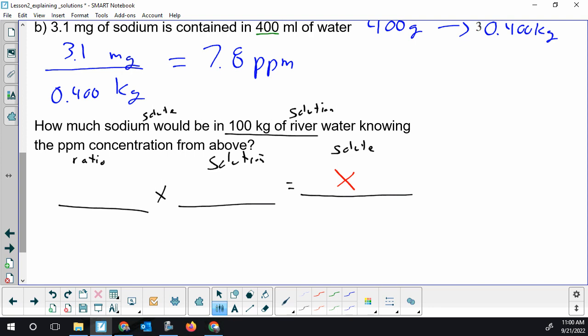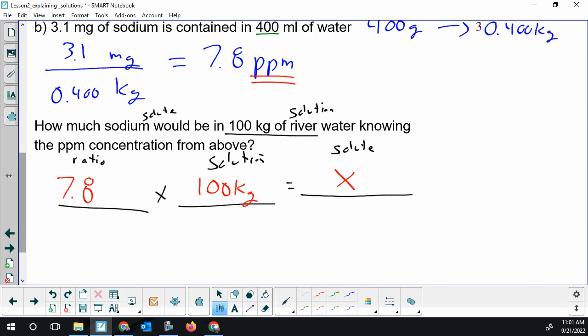So that's our solution. Knowing the concentration above, we've got to decode that concentration into a ratio. It's just not a percentage anymore. So that is 7.8. And we've got to replace these ppm units with units that mean parts per million. Don't divide by 100, it's not a percent.